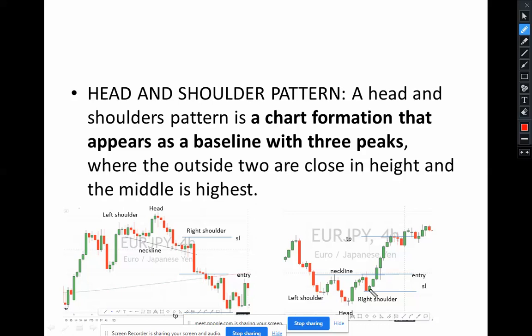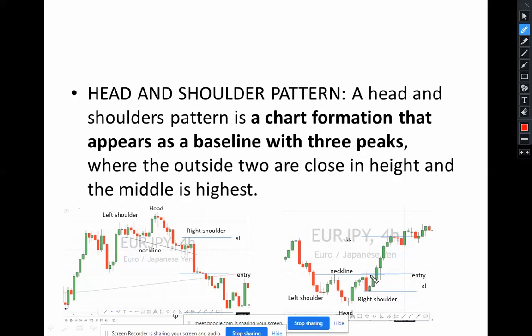And then here we have the right shoulder. See that it's just like a human head, human body. The head, the left shoulder, the right shoulder, and this is the neckline. Because before the market could create the head, and before it created the left shoulder, it created the neckline. So in that case, this is the neckline.